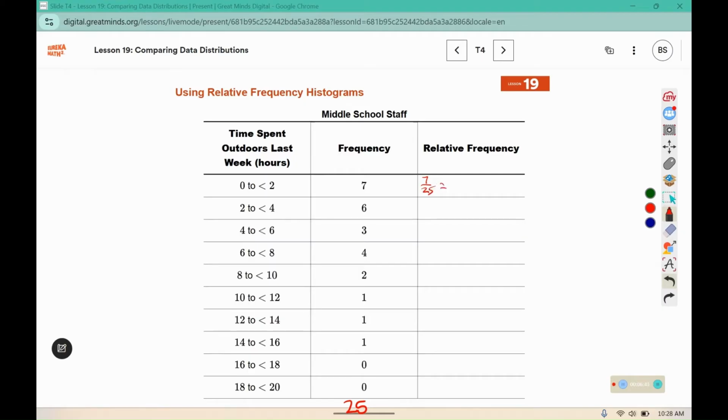And 7 divided by 25 is 0.28 or 28%. Next one would be 6 out of 25, which comes out to 0.24 or 24%. 3 out of 25 is 0.12, which is rewritten as 12%.